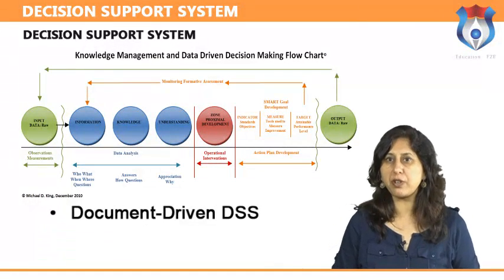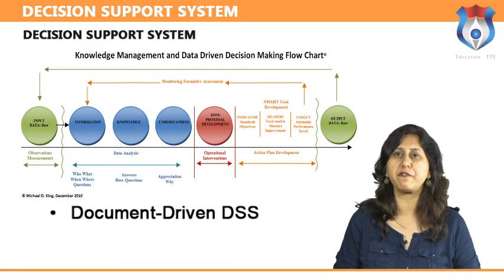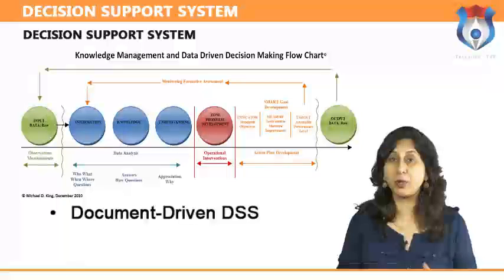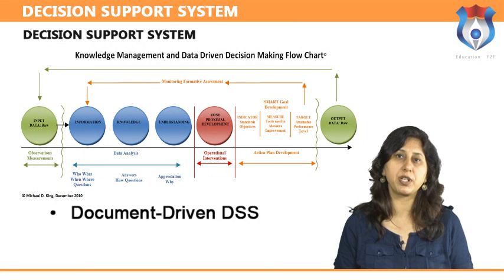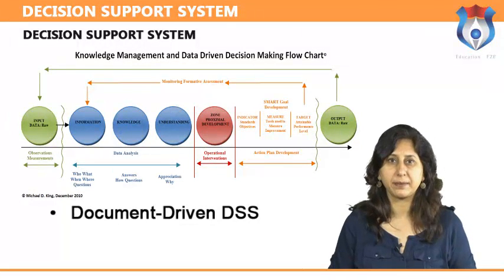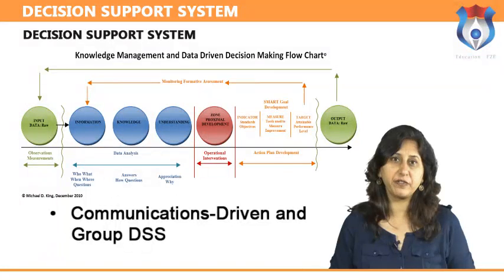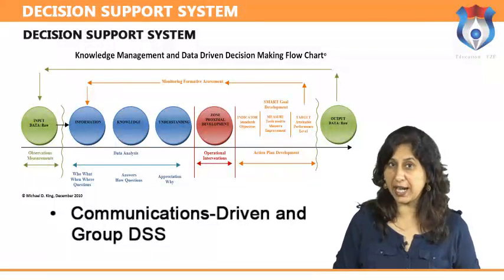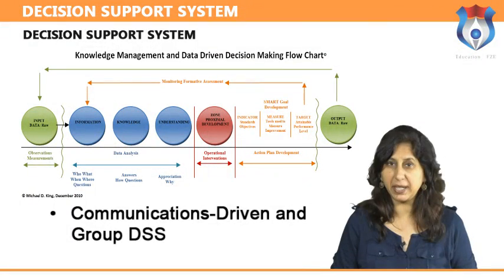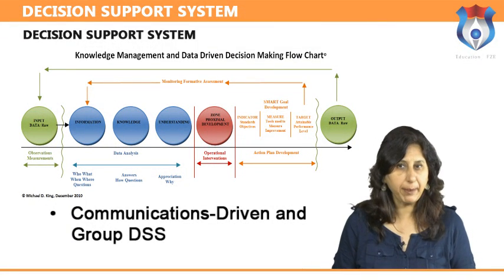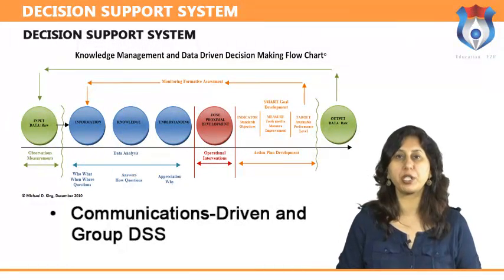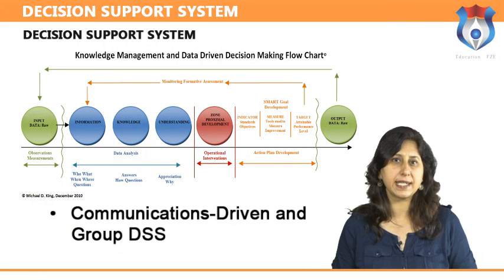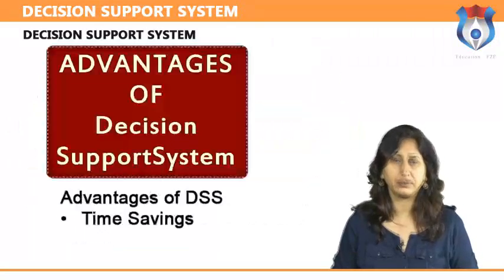A document-driven DSS integrates a variety of storage and processing technologies to provide complete document retrieval and analysis. Communications-driven and group DSS. This 5th generic type of decision support system includes communication, collaboration, and decision support technologies that do not fit within those DSS types identified.